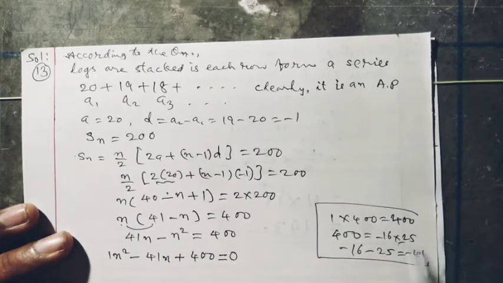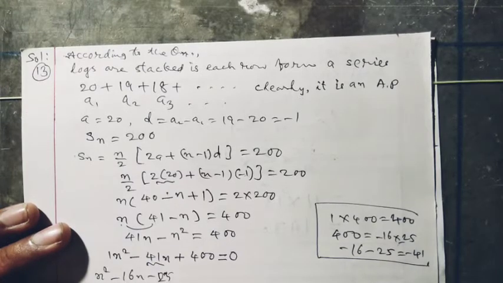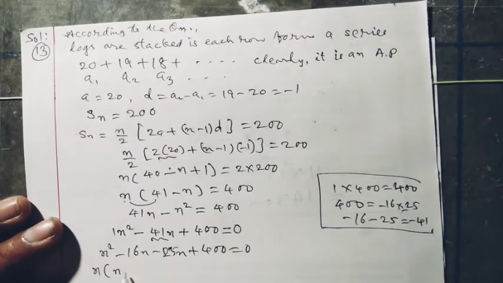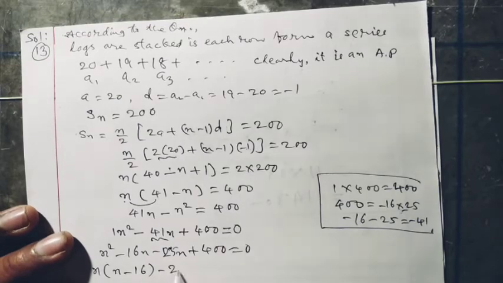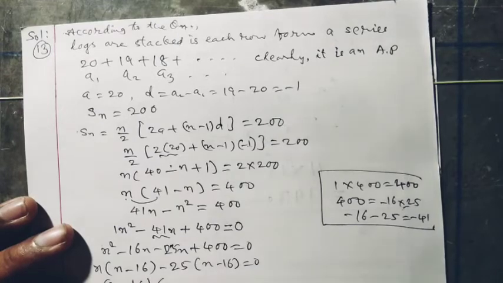So we split it as n square minus 16n minus 25n plus 400 is equal to 0. n is common, n minus 16, minus 25 is common, n minus 16: (n minus 16) into (n minus 25) is equal to 0. So n minus 16 is equal to 0 or n minus 25 is equal to 0. n is equal to 16, n is equal to 25.